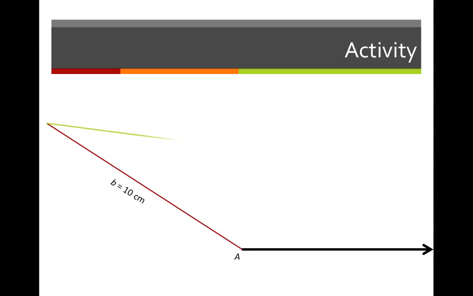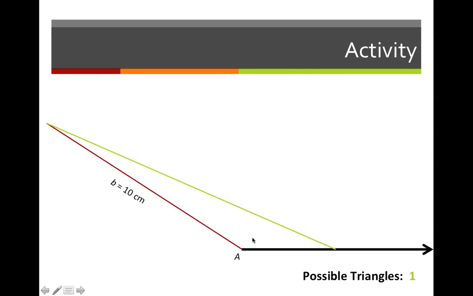There's nothing else that's going to work and connect. So when our angle is obtuse, it's a little easier because there's only two different possibilities. Either we get no triangles or we get one triangle. When our angle is acute, there's more possibilities, and so we have to think through those possibilities a little bit more.